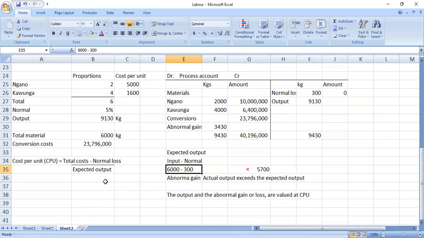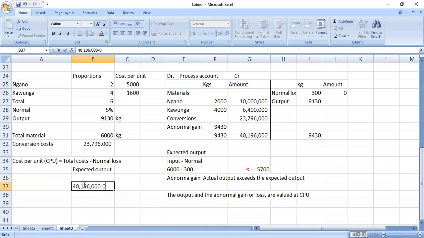So therefore my total costs are just the materials that you incurred and the conversion costs. Those are your total cost. Here I'll say this is equal to 40,000 or 40M plus 196,000, minus normal loss.